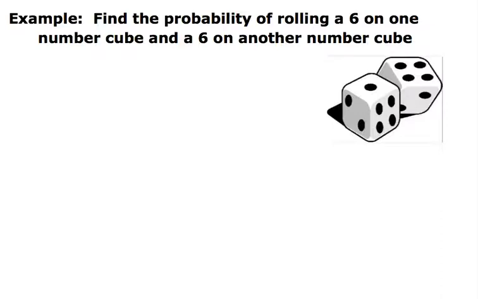Here's another example. Find the probability of rolling a 6 on one number cube and a 6 on another number cube. So we have to think about our sample space. So think about our sample space of 1 dice, okay? We want it to be a 6. So there is a total of 6 different possibilities, and we want it to be a 6.